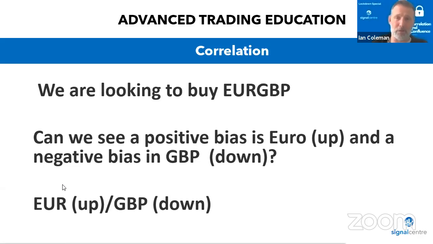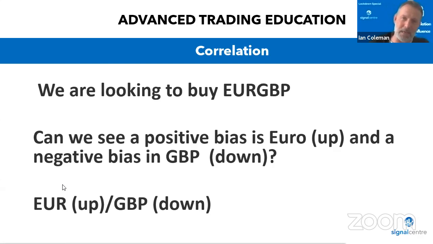Because obviously if euro sterling is going to go up, we want euro to strengthen. And can we see a negative bias for sterling to go down? So obviously if euro is going to strengthen more than sterling, and that's what we're looking at as well, by the way. So it's more strength in euro and weakness in sterling.